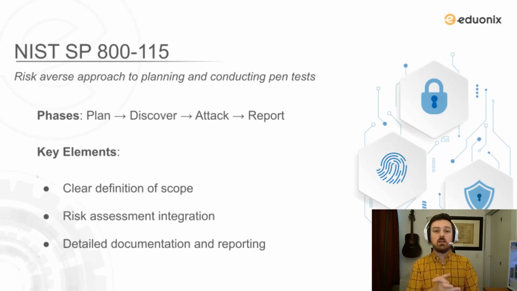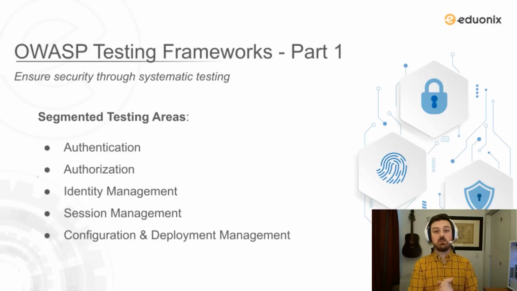Now, the OWASP testing framework. This is more detailed, and it's a comprehensive guide that's designed to improve the security of web applications. But as I mentioned before, it could be applied, I think, in general, and it's very detailed, and you're really solving this penetration testing problem by systematic testing.